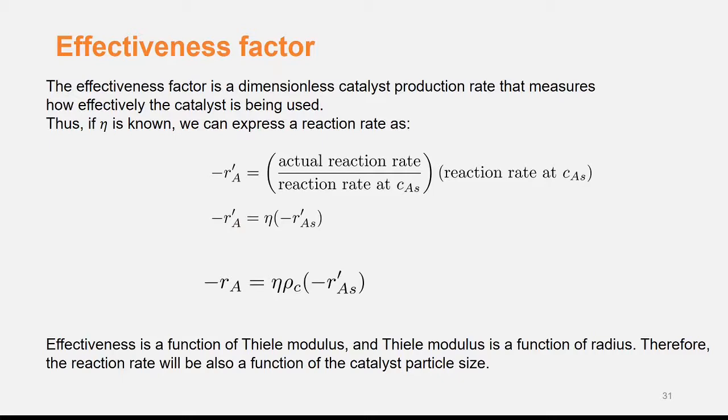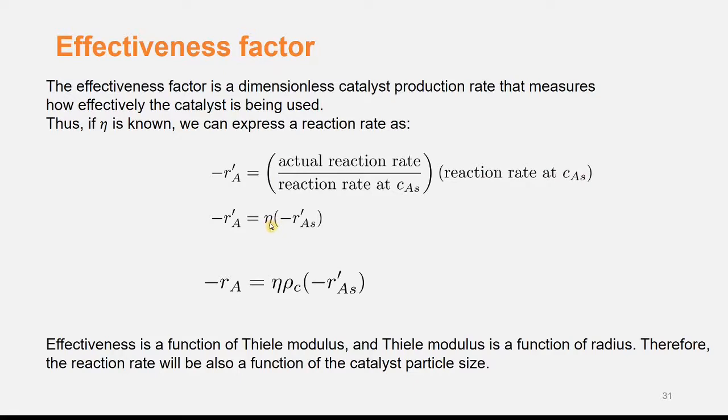So here we have negative r_A prime. This is our actual reaction rate. So we can express this as the actual rate divided by the rate at C_AS, the surface concentration, times the rate at C_AS. So this bit is just eta, the effectiveness factor.